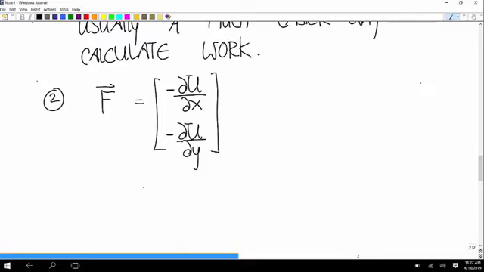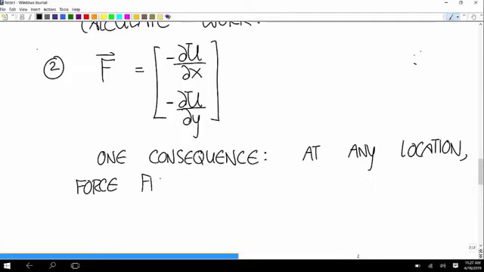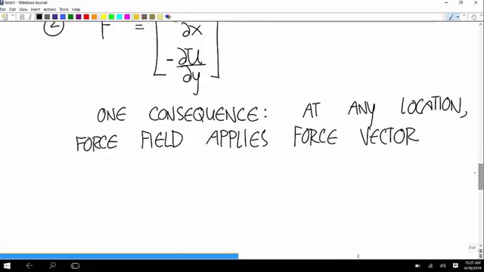And one consequence of this is that at any location a force field applies a force vector toward the steepest decrease in potential energy.